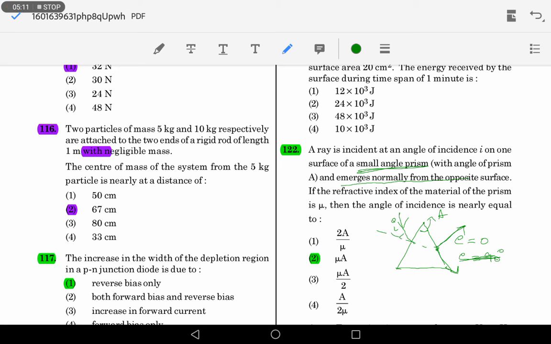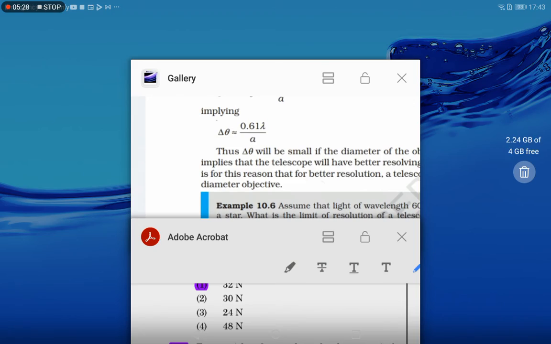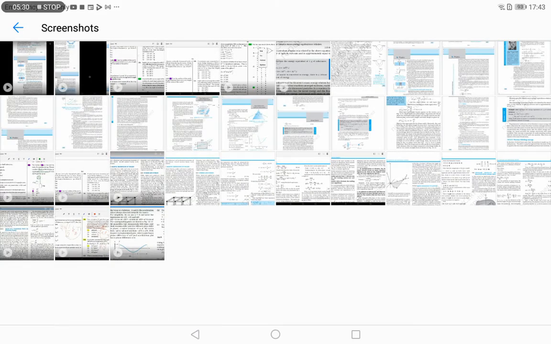Emerges normally from the opposite surface, it is given E equal to 0. If the refractive index of the material of the prism is mu, then the angle of incidence is nearly equal to... So you have to find I. In order to find this, first I'll show you certain formulas that we are going to use.